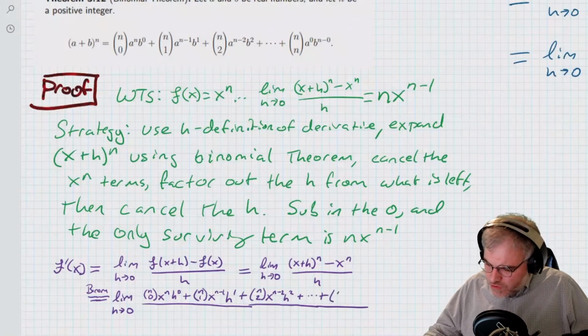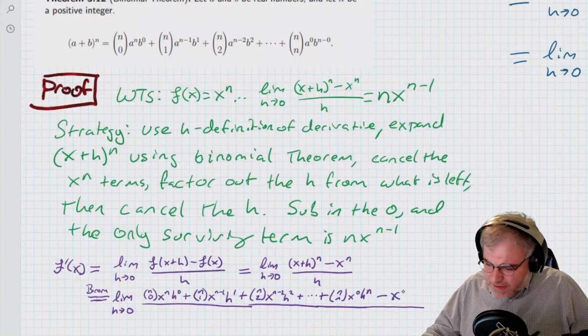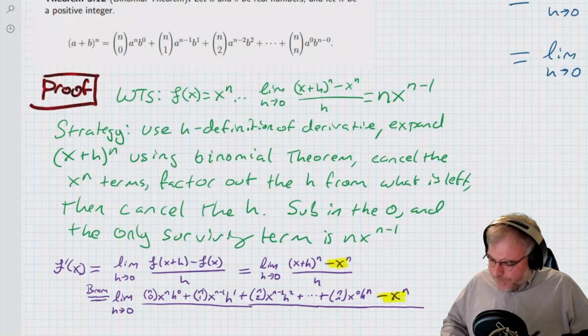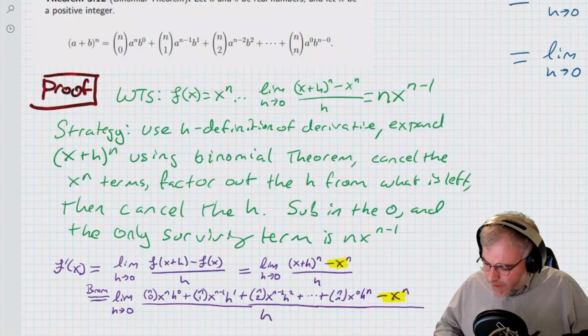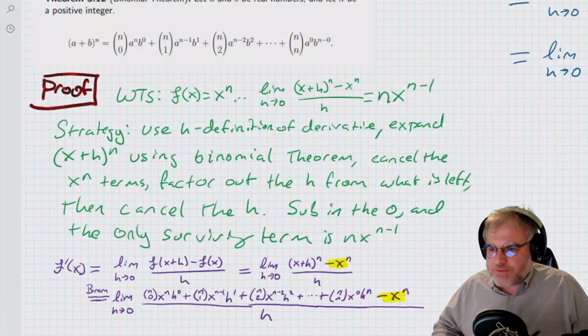Pattern continues to n choose n, x to the 0, h to the n. And then I need to remember to carry this negative x to the n, minus x to the n. So this bit here is still here at the end, all over h. There's my expansion.